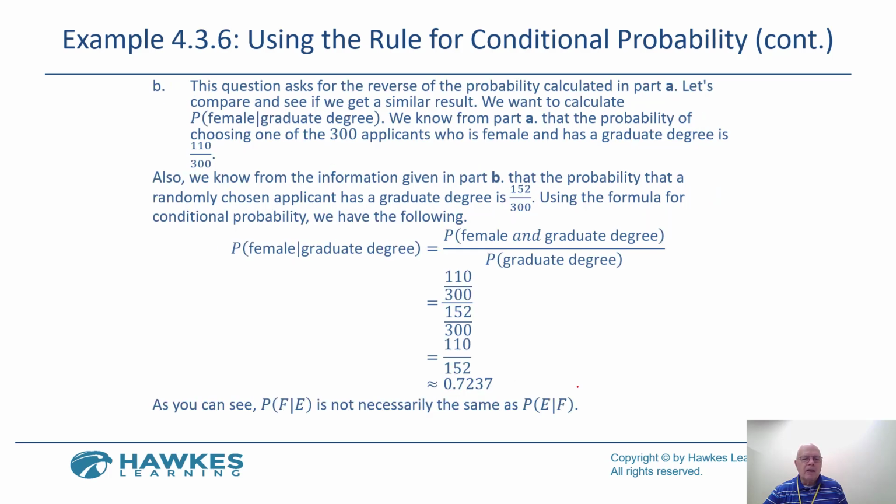And second, the probability of female, given that it's a graduate degree, is about 72%. It's not the same. So the important thing to notice is that this is not the same as that.